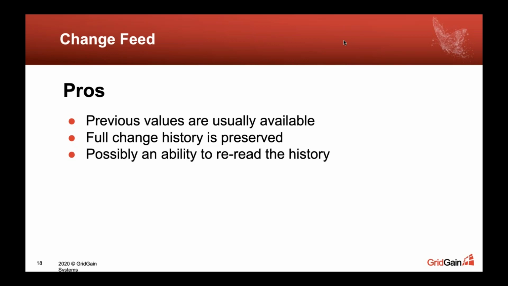And of course, unless you delete those files or wipe them from the memory, in case of an in-memory system, you can reread the history as many times as you want. And this replay can stream the data changes as many times and to as many systems as you want.